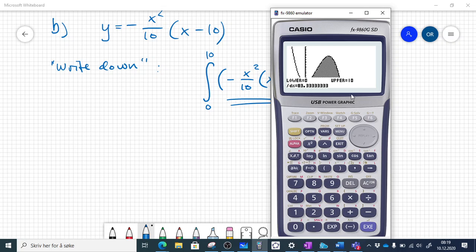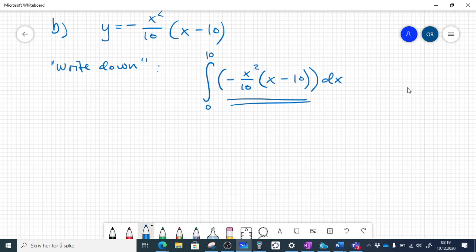But question C is find the exact value of A. So we're going to do that. And it also says exact value. 83.333 is an approximation. So find the exact value of A, which is the area under the graph.